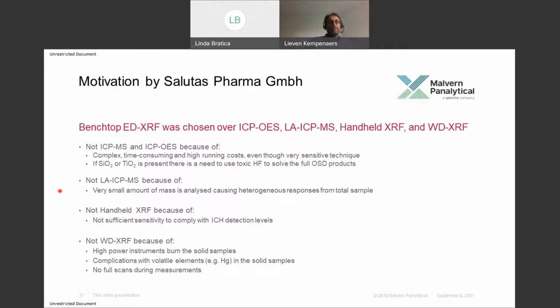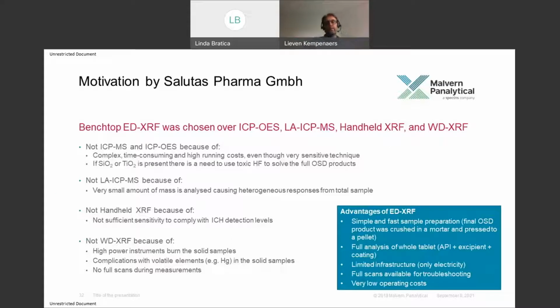And also they mentioned that the WD XRF method only looks at the height of the peaks, and doesn't do full scanning for troubleshooting later on.